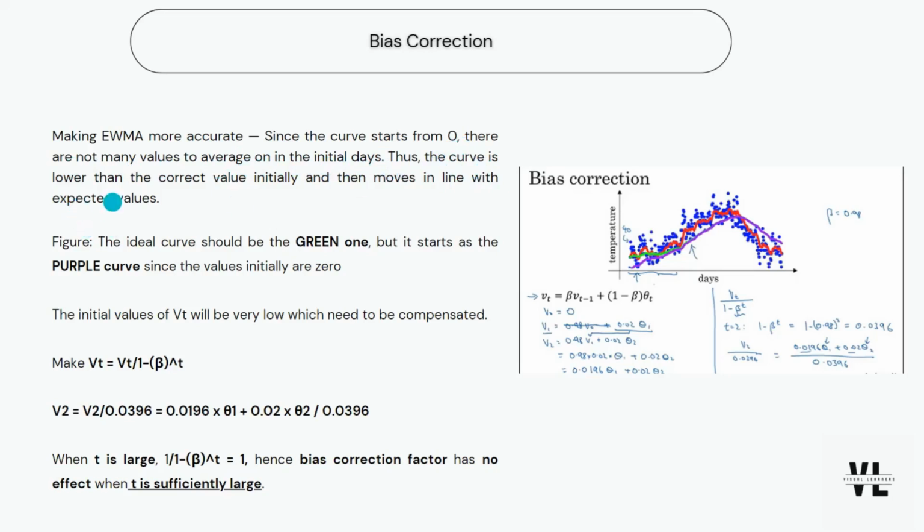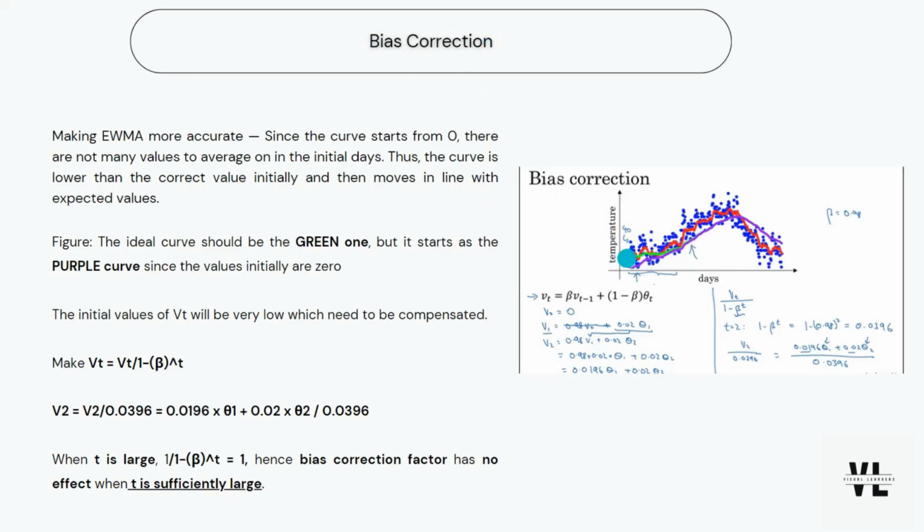Thus, the curve is lower than the correct value initially and then moves in line with expected values. So, as you can see, the green line and the purple line are different, but they are for the same beta value. The green line is after considering bias correction, and the purple line is without bias correction.